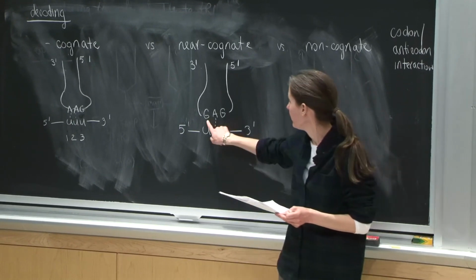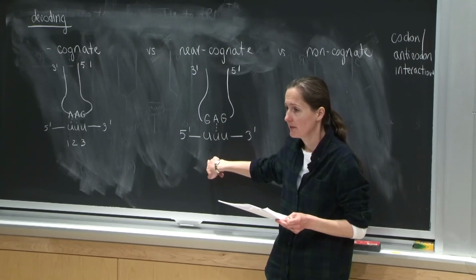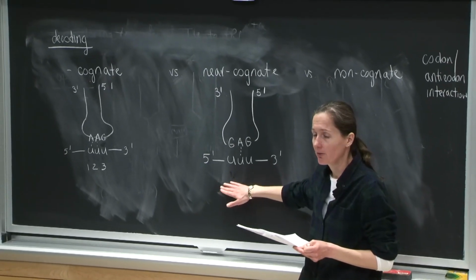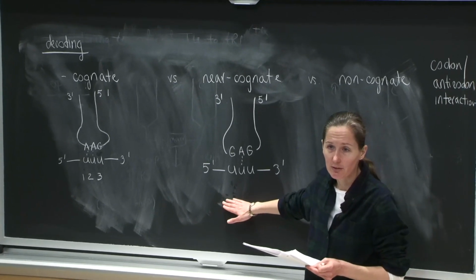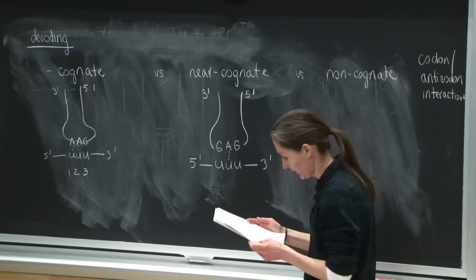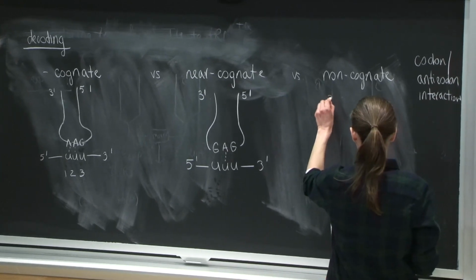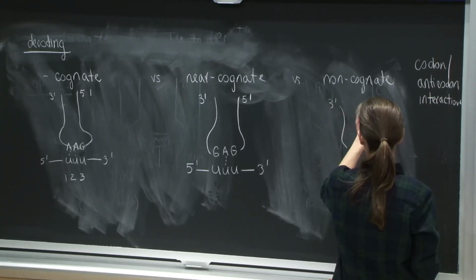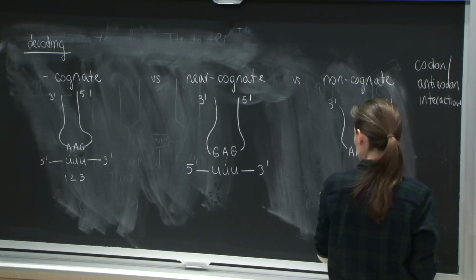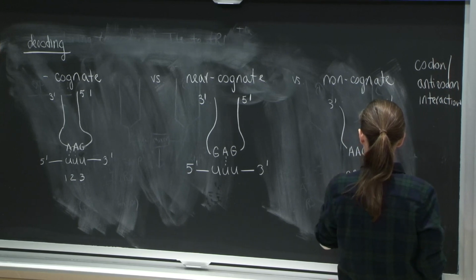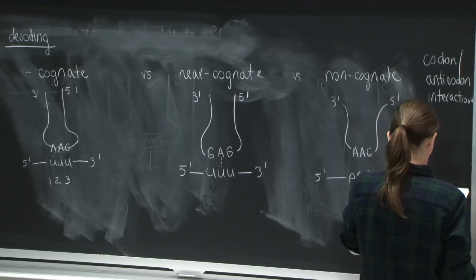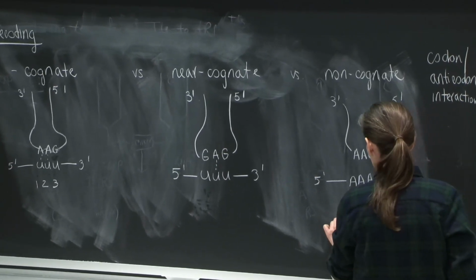Here this GU is not a match based on Watson-Crick base pairing, and as a result, the ribosome is going to want to reject this tRNA if this is what's happening in the A site here. And then we can just imagine some situation where we have a tRNA and an RNA where there's just no match.